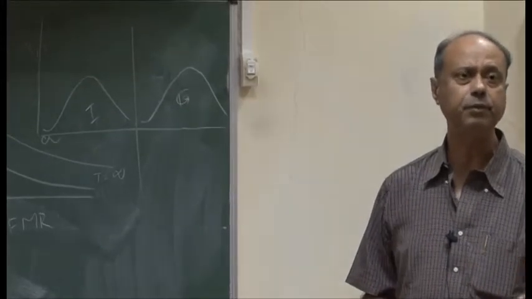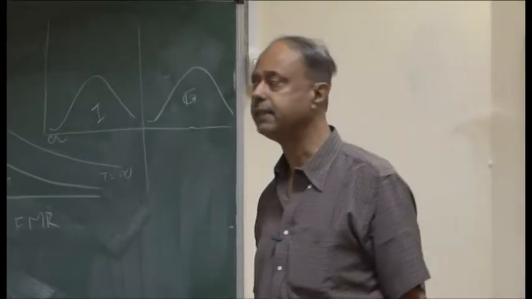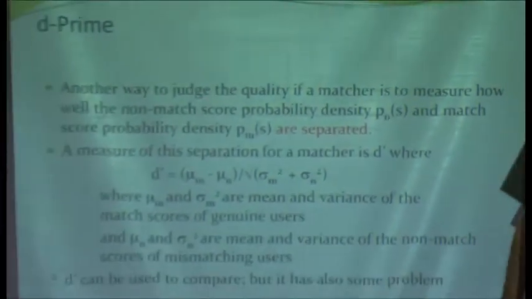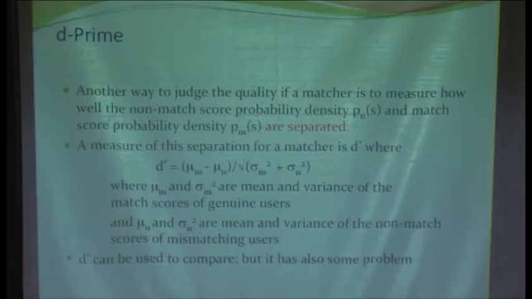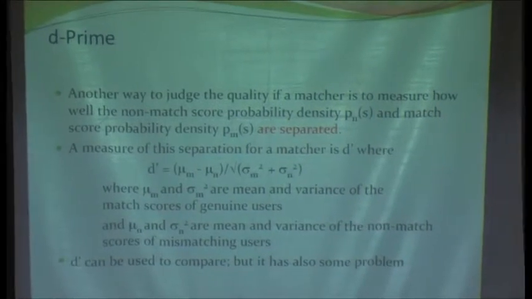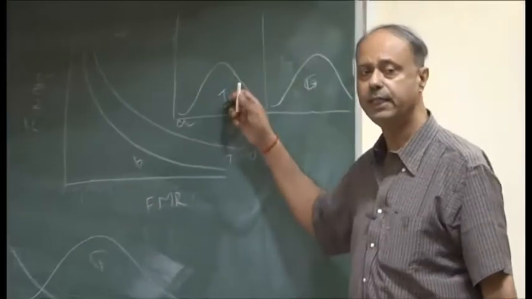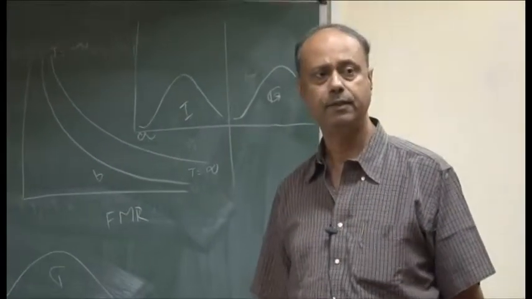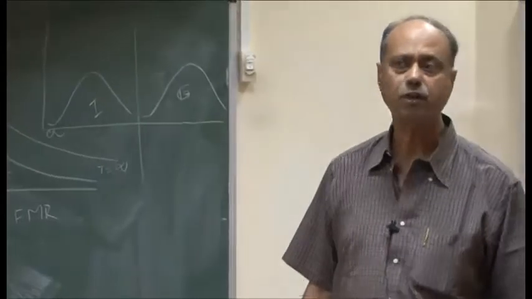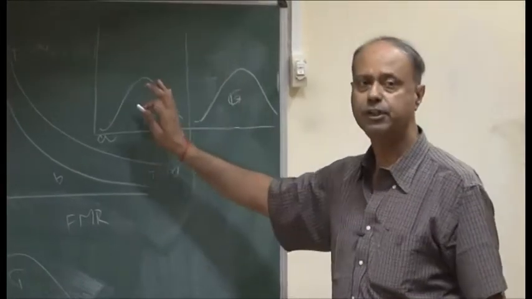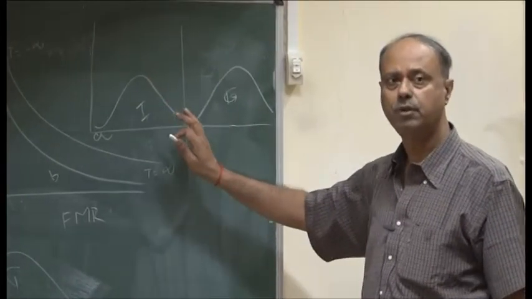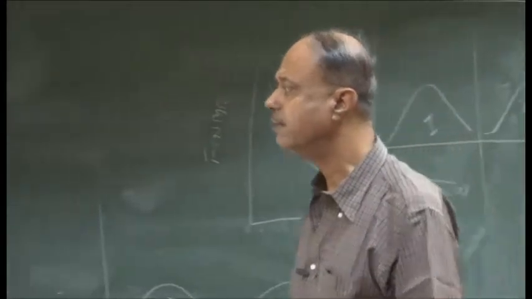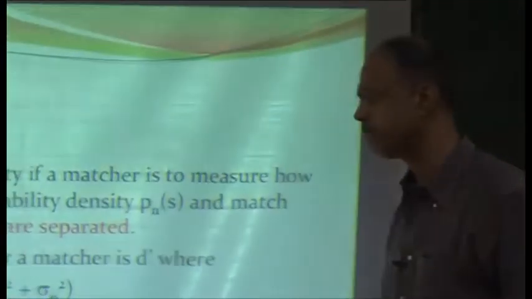That separation value, if I use it as a parameter, will be useful. That is known as the D prime. D prime is nothing but mu m minus mu n, the means of these two distributions, divided by the square root of sigma m square plus sigma n square, right? That means the variance of this distribution and the variance of this distribution, under the square root. If I divide, then you can find the D prime.